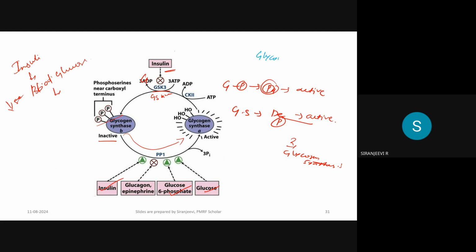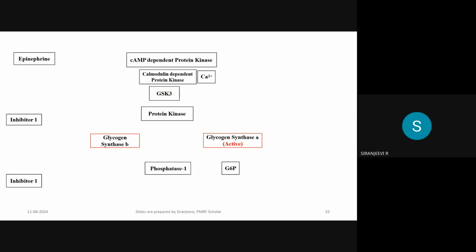If the blood glucose is reduced, then glycogen synthesis should take place. So glycogen synthase A is an active form when it's not phosphorylated. That will be mediated by insulin, or by phosphatase 1, but that is overall mediated by insulin, free glucose, or glucose 6-phosphate. And this is the overall mechanism.